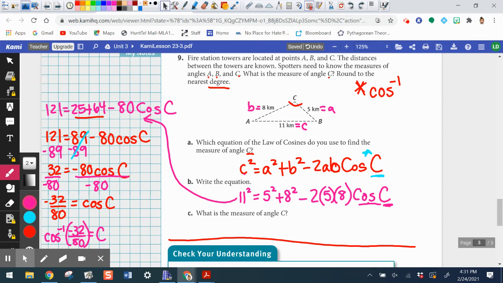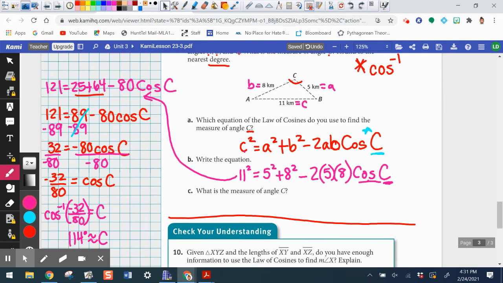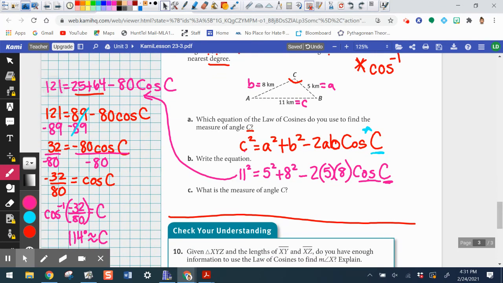So let's look at this work as it's been worked out. So 11 squared became 121, 5 squared became 25, 8 squared became 64. Notice I kept the subtraction symbol and I multiplied 2 times 5, which is 10, times 8, which is 80. So I replaced 2 times 5 times 8 with 80.